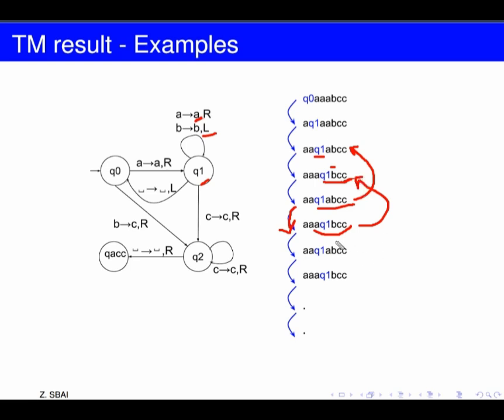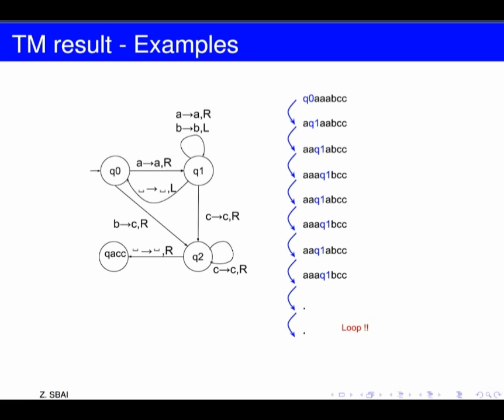So we remark here that the next yields will yield to the same configuration that we saw before, and of course this yield will be equivalent to the yield we've done before, and we will obtain again AAAQ1BCC. And we'll notice here that we have a loop. We will have the same pattern again and again. So the machine will loop forever here without having the possibility to reach a Q accept or a Q reject.